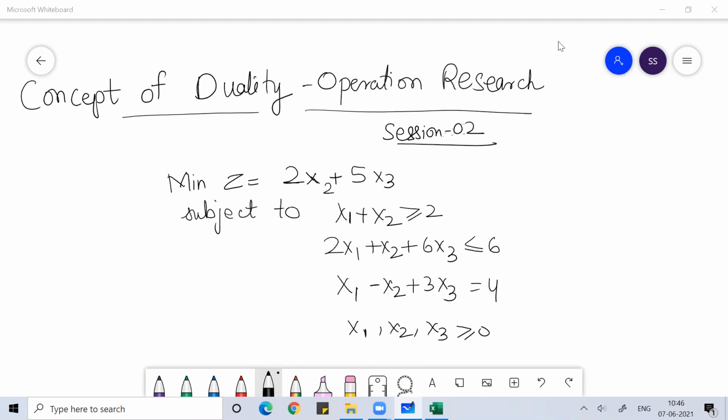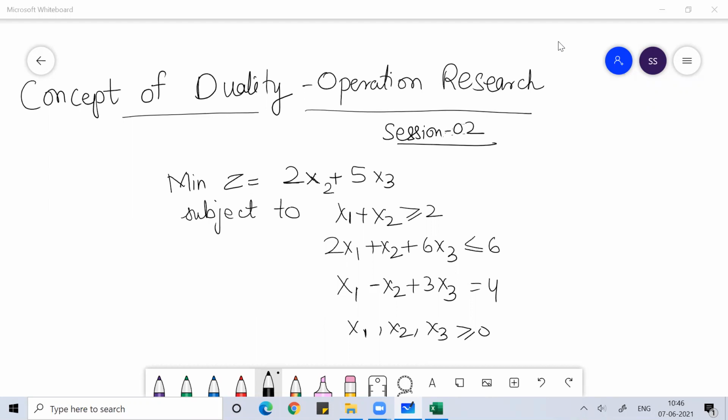Whenever we talk about the concept of duality, we talk about representation of an LPP problem in another form, which we call the dual form. Every LPP problem has an alternate form, its dual form.